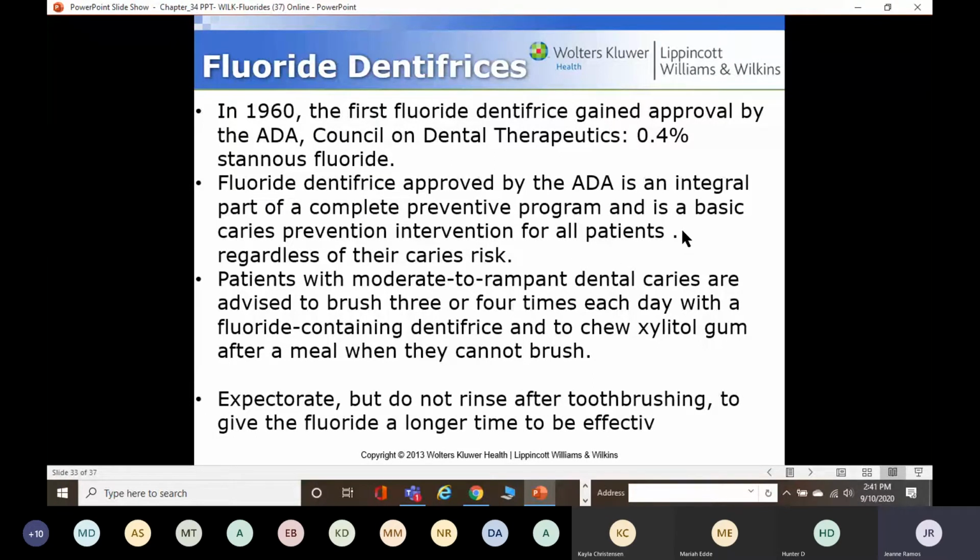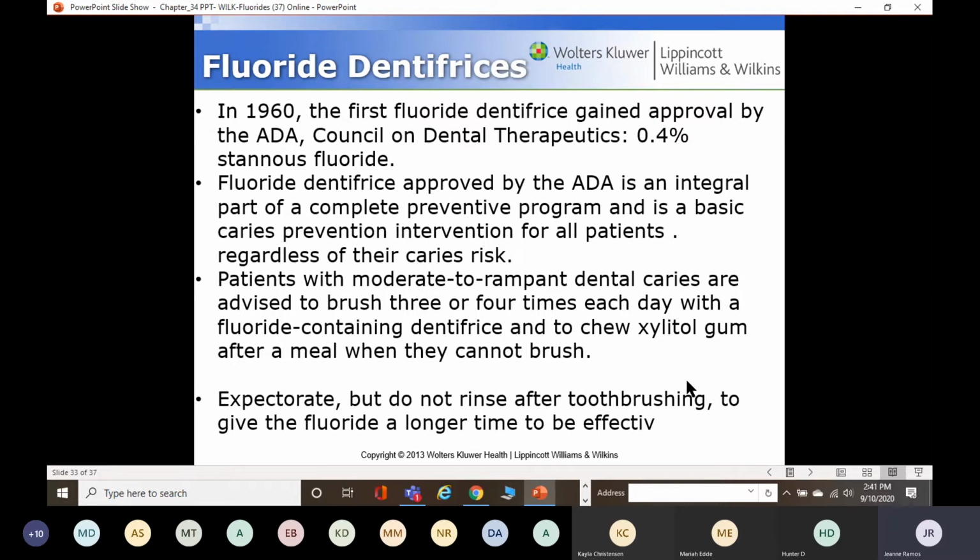That's about the third time that that was stated in this PowerPoint, so I hope it kind of sinks in. I've seen questions about that in review books. So it's for all patients regardless of the caries risk.